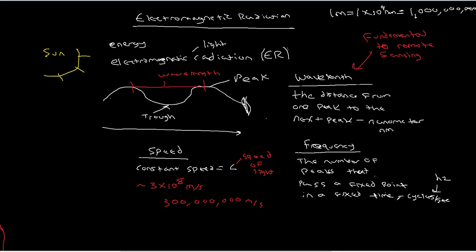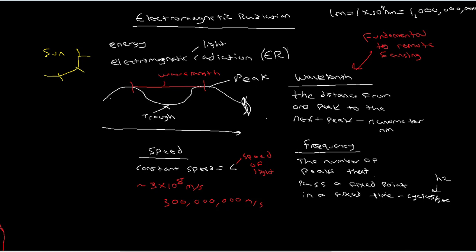I want us to think about this for a second, just conceptually. If we know that this wave is moving at the same speed, regardless of what wavelength it has, and we know that frequency is the number of peaks that pass by in a fixed period of time, what happens if our wavelength gets shorter?